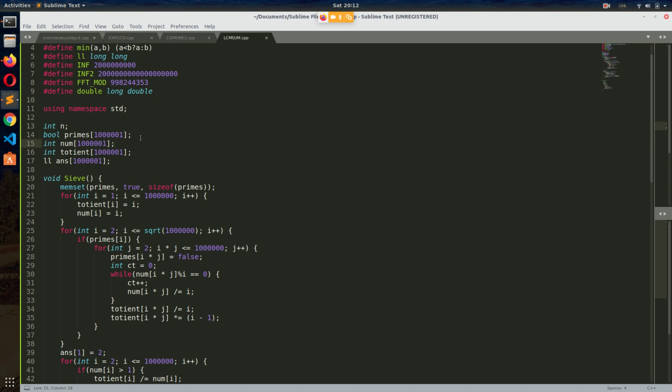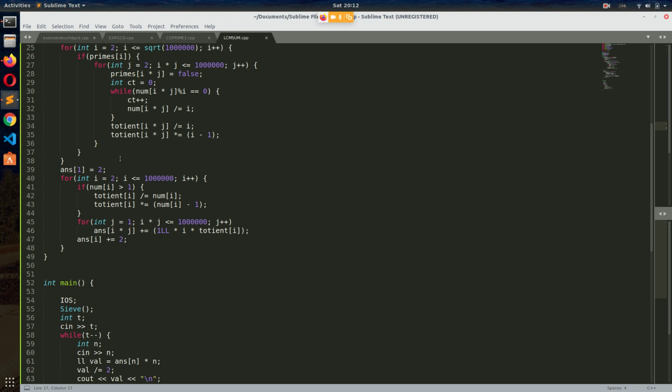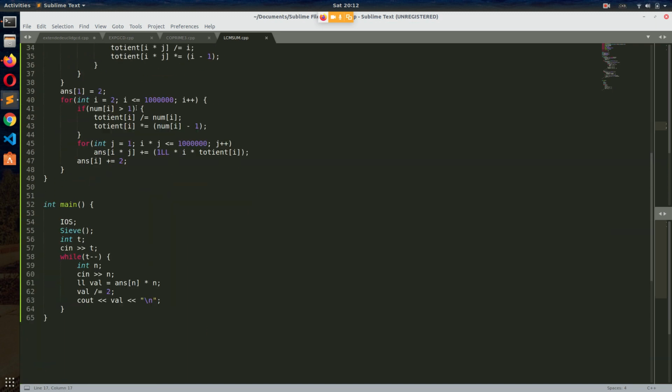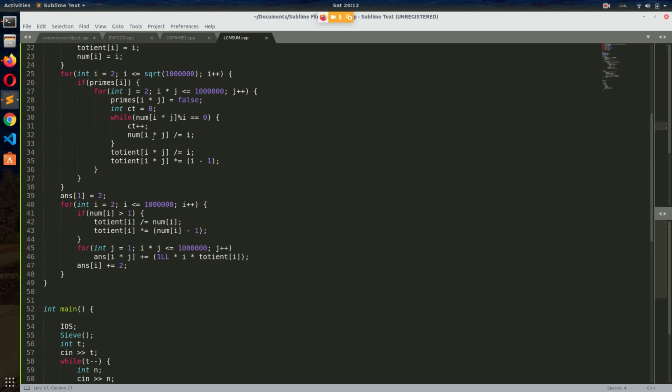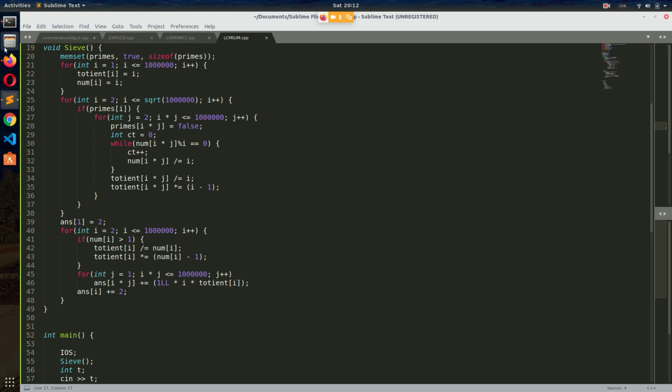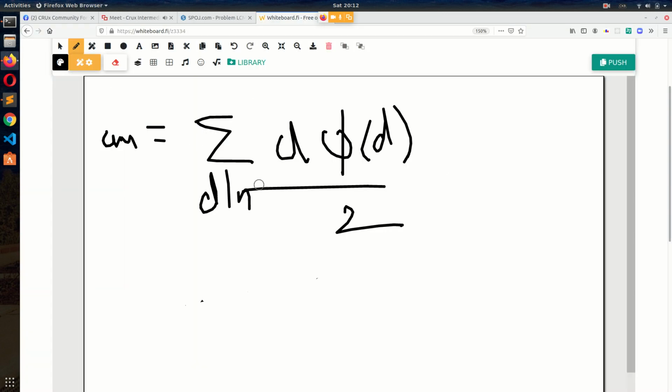So again, same things, primes, num, totient function, and the answer value is we're pre-calculating all the answers here basically. So we're pre-calculating this sum here. Oh yeah, right, I forgot the n that I took outside. So it should be n by 2 into phi only.